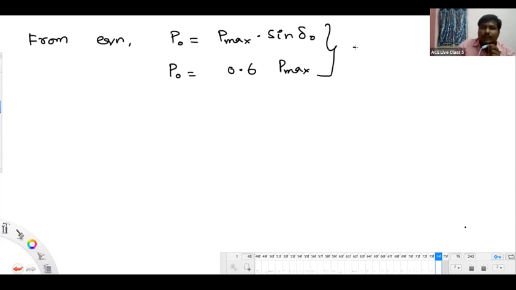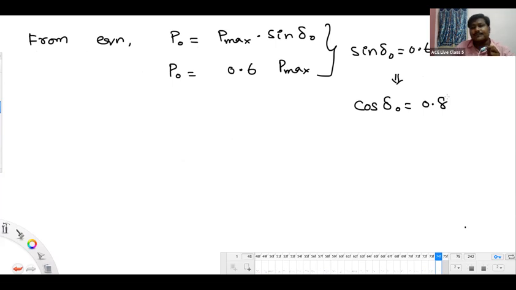From these two, I can say sine delta naught value is 0.6. You calculate cos delta naught from this one, you will get 0.8. First calculate delta naught, apply cosine, and you get that number as 0.8.